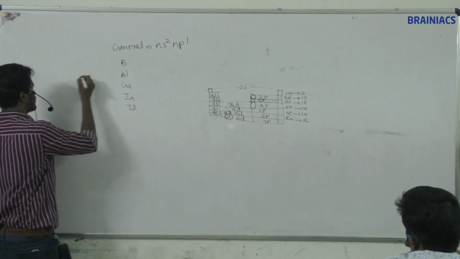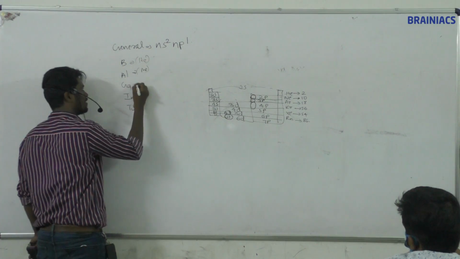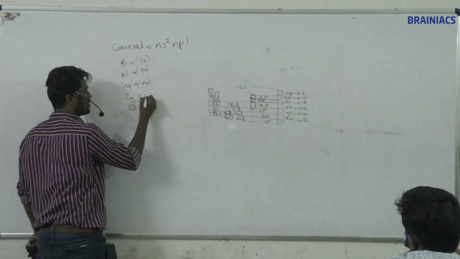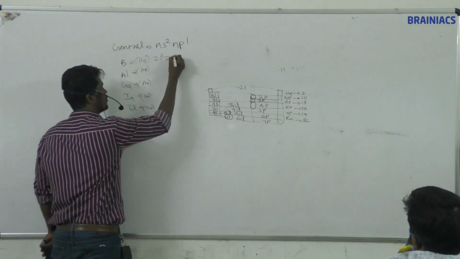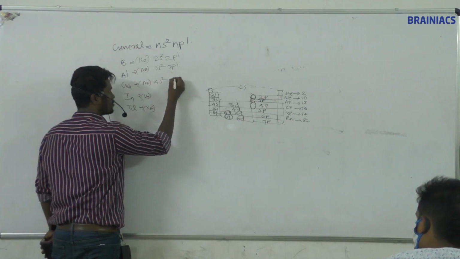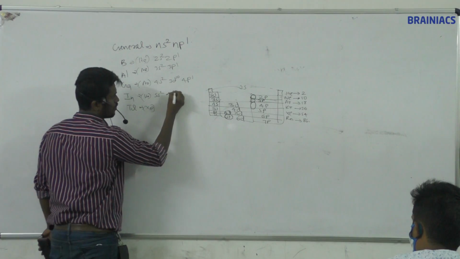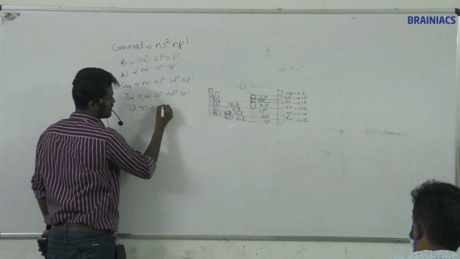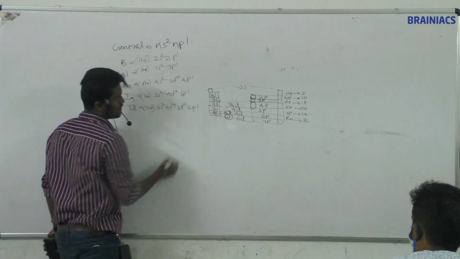The noble gas cores are helium, neon, argon, krypton, xenon. Okay, 2s2 2p1, 3s2 3p1, 4s2 3d10 4p1, 5s2 4d10 5p1, 6s2 4f14 5d10 and 6p1.